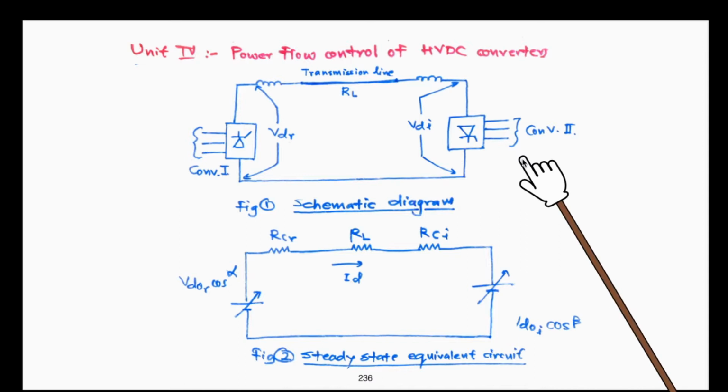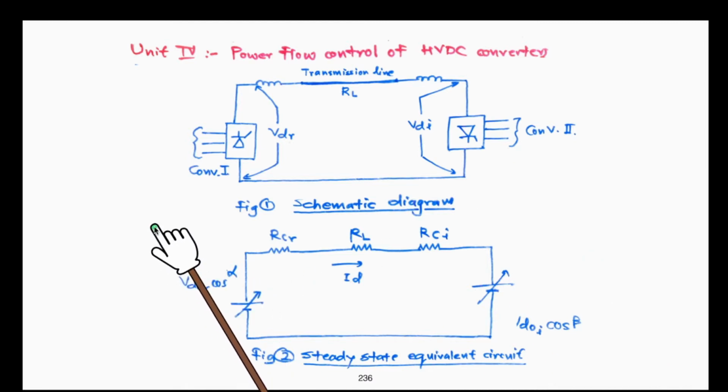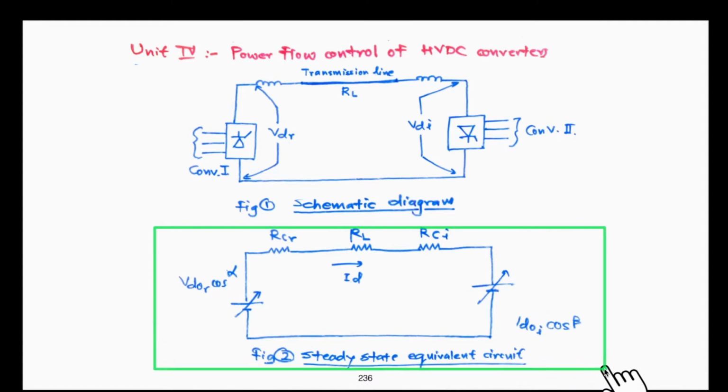Now we wish to obtain the parameters that are responsible for power flow control in case of HVDC converter. So that's why we convert this schematic diagram into an equivalent circuit. And this is a steady state equivalent circuit of HVDC system.